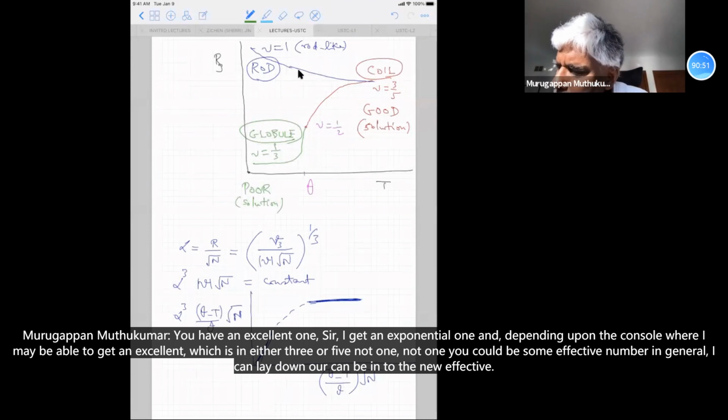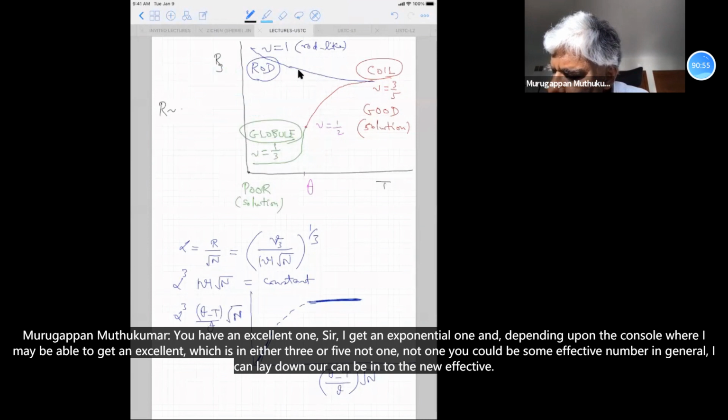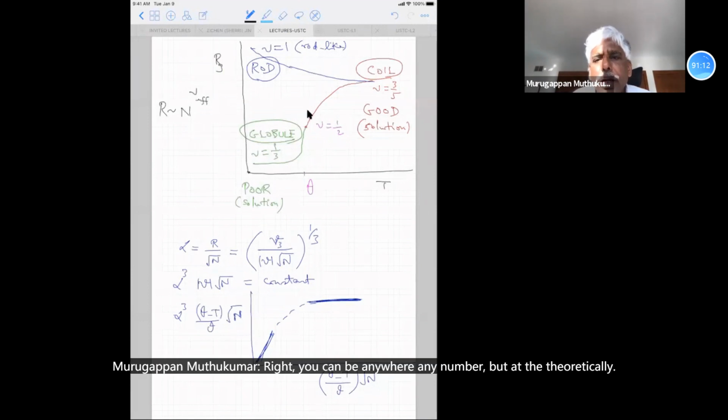In general, I can write R can be N to the nu effective. Nu effective could be anywhere in this map. It could be 0.78. It could be here 0.4. It could be here 0.56, right? It could be anywhere, any number.